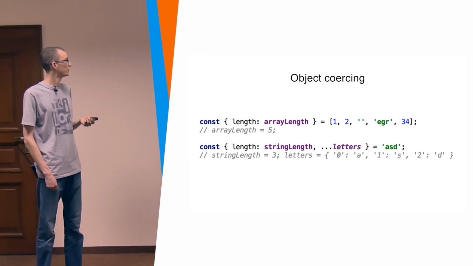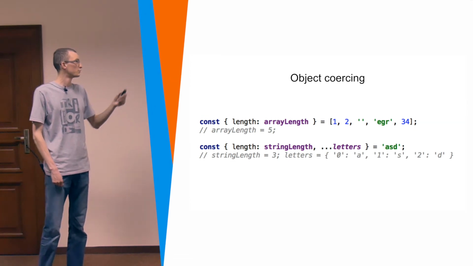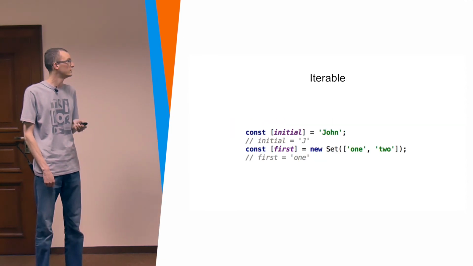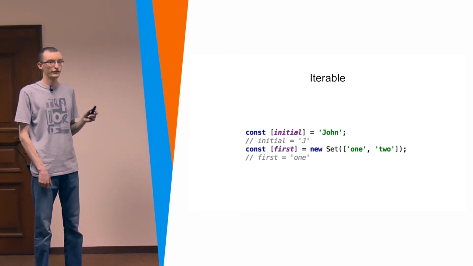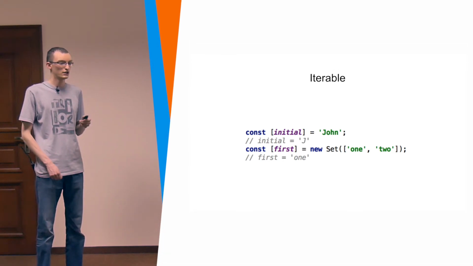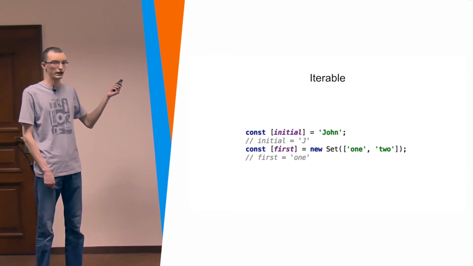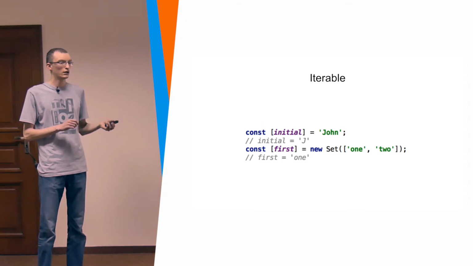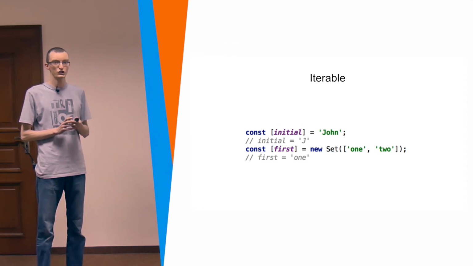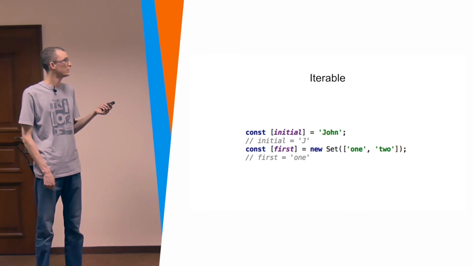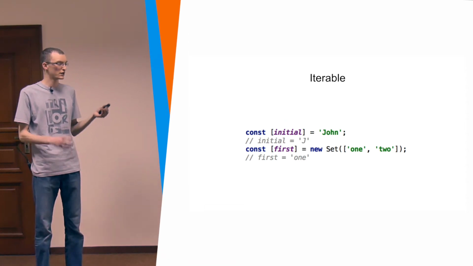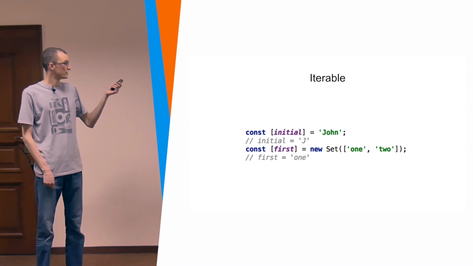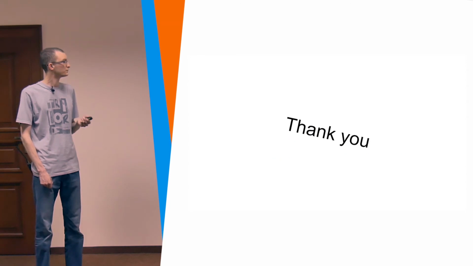In the second case, we also capture the letters with a REST operator, which might come in handy for someone. A similar thing is true for iterables. With array destructuring, we can use it for other data types which are iterable. In this case, a string is transformed into an array of letters. All the same goes for sets.